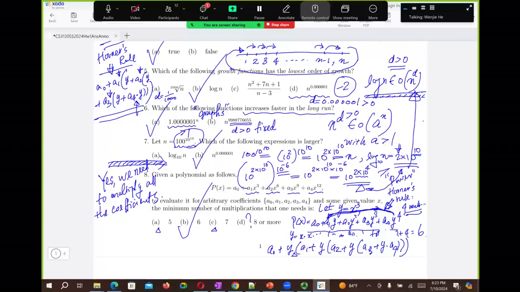Good discussion, because so many students miss this one. So we are willing to spend a little more time to understand Horner's rule better. In the midterm, you will have at least 2 Horner's rule questions, that's a lot, 2 or 3.